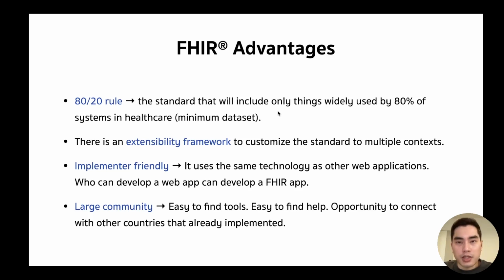There is a situation in which a minimum dataset is a good approach, and there's a situation in which a maximum is a good approach also. But FHIR chose to use the minimum dataset approach, and they chose to focus only on the 80% that is most important for exchanging information. If that 80% does not fit your context, there is an extensibility framework that you can use to customize FHIR to fit your need.